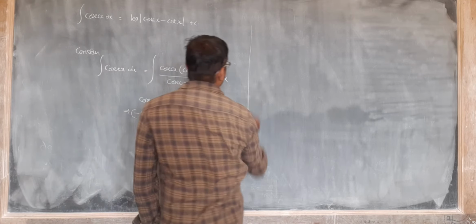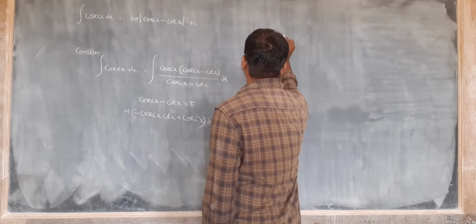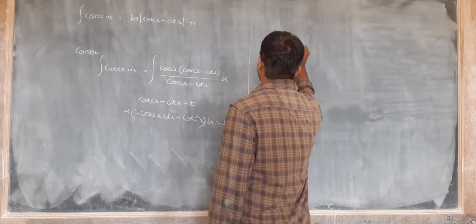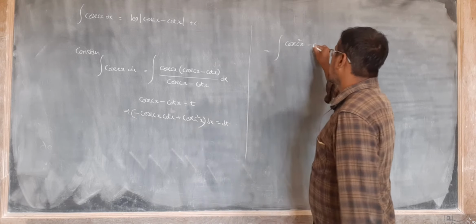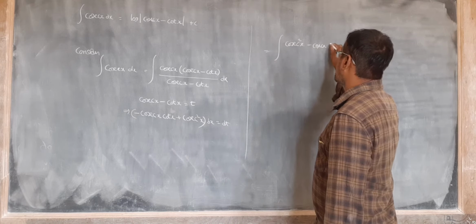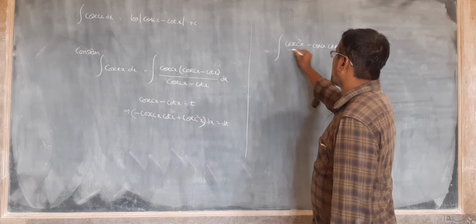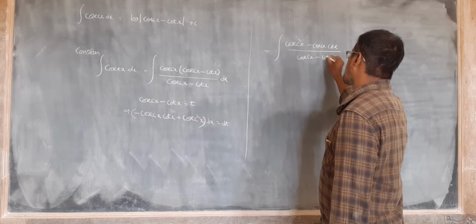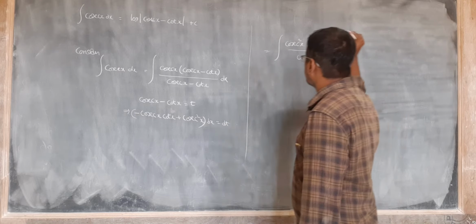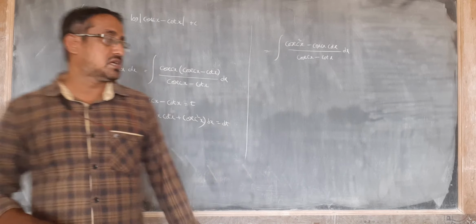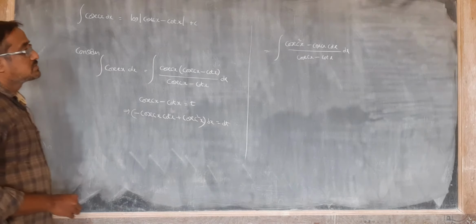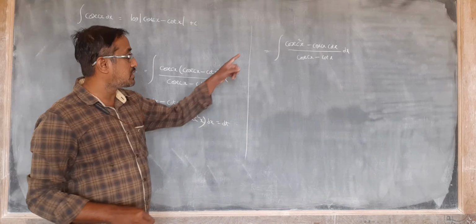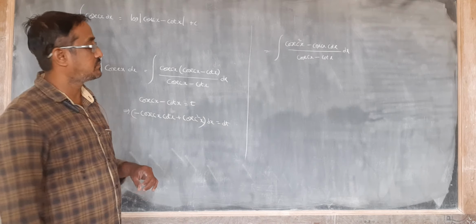Now this can be written as integral cosecant square x minus cosecant x into cot x by cosecant x minus cot x dx. Now you can observe that numerator is the derivative of denominator.